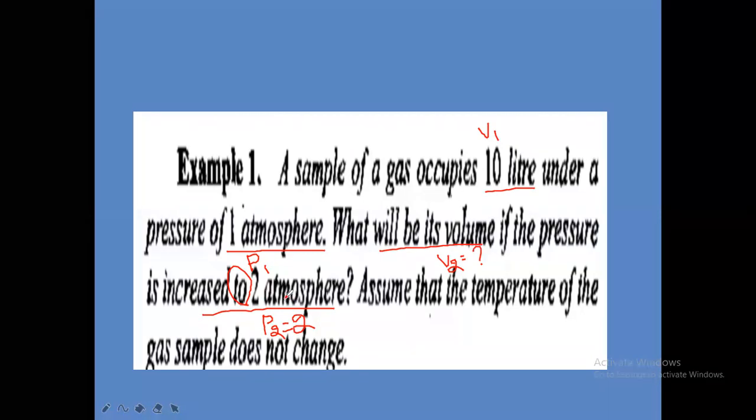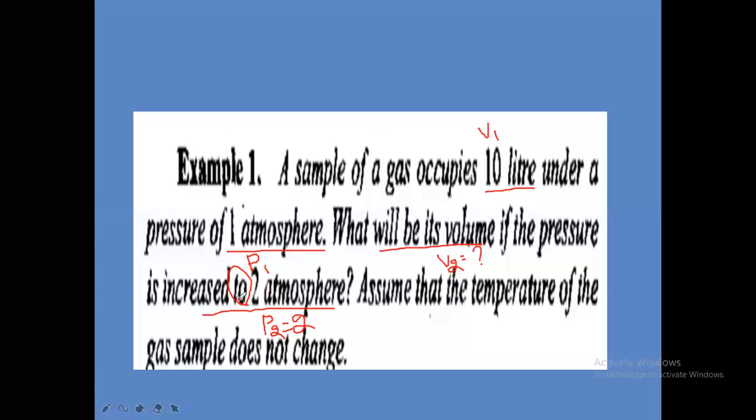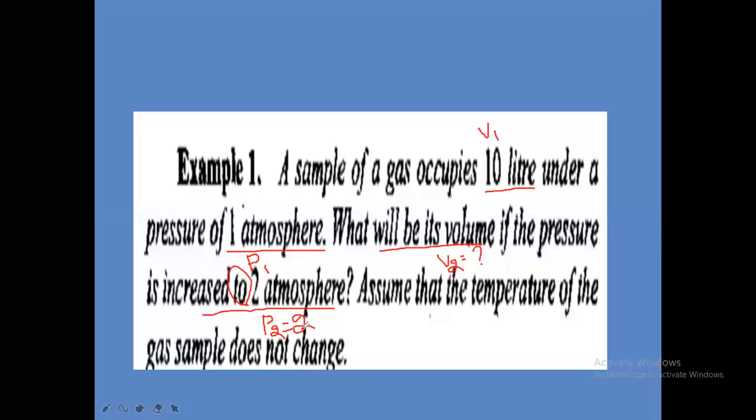But here they said that initially the pressure was 1 atm and the pressure is increased to 2 atmospheres. Whatever value is given, we take as P2. If they say increased by, then 2 should be added to 1 and P2 would be 3. But here 2 atmospheres is given, so P2 is taken as 2 atmospheres.